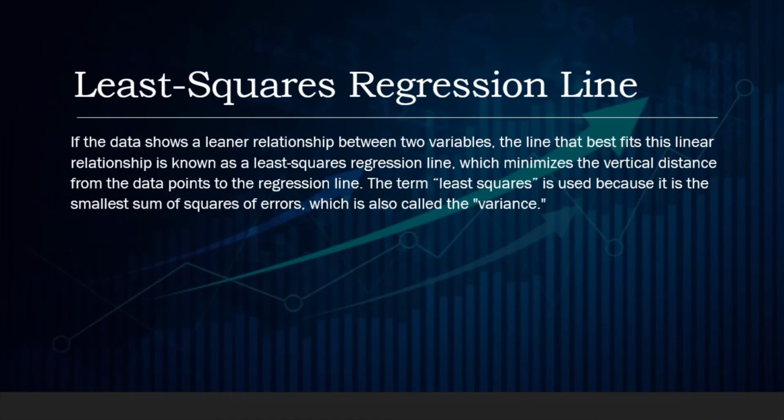The term least squares is used because it is the smallest sum of squares of errors, which is also called the variance. Least squares regression line is used to predict the behavior of dependent variables. The least square method provides the overall rationale for the placement of the line of best fit among the data points being studied.